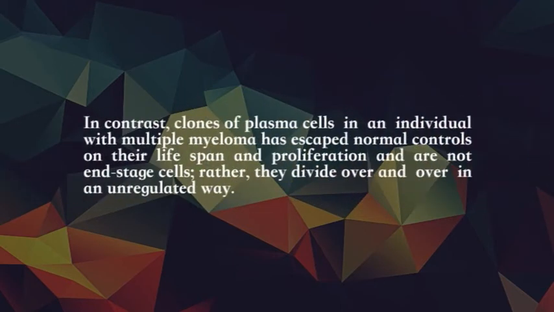In contrast, clones of plasma cells in an individual with multiple myeloma have escaped normal controls on their lifespan and proliferation and are not end-stage cells. Rather, they divide over and over in an unregulated way.